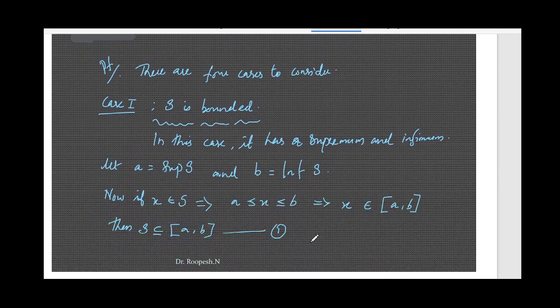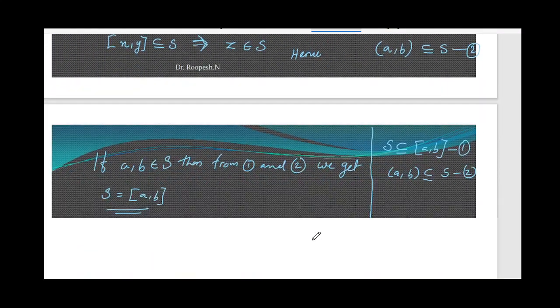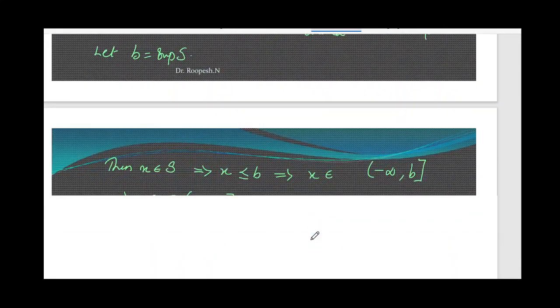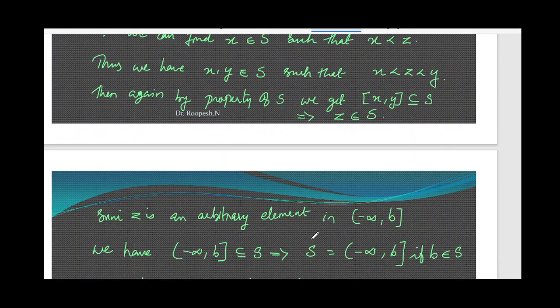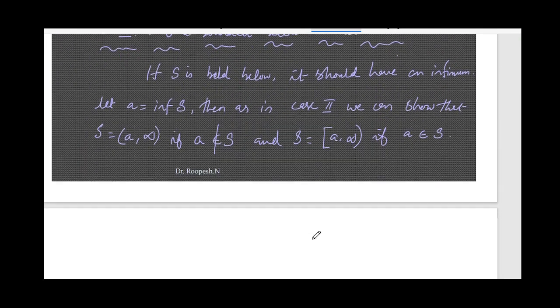And we have proved this by using 4 cases. Case 1, S is bounded. Case 2, S is bounded above but not below. Case 3, S is bounded below but not above. And case 4, S is not bounded at all.